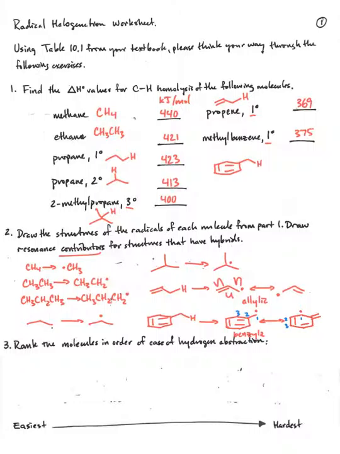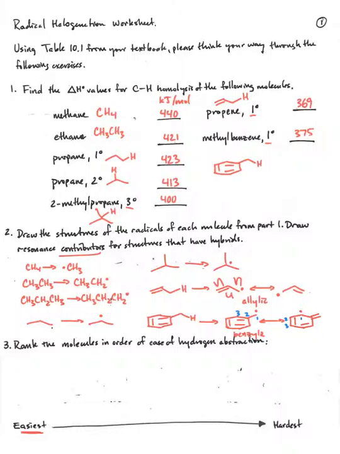So the more times you can draw a resonance hybrid, that really indicates stability. And so this gets into the third question, which is asking us to rank the molecules in order of ease of hydrogen abstraction. The easiest on the left here corresponds to the smallest numerical value for the CH homolysis, and that's going to be the propene.